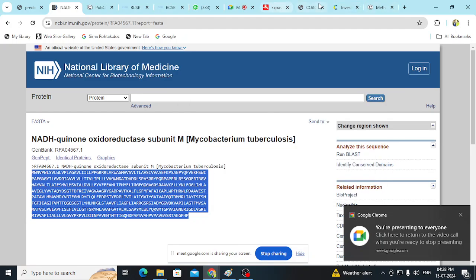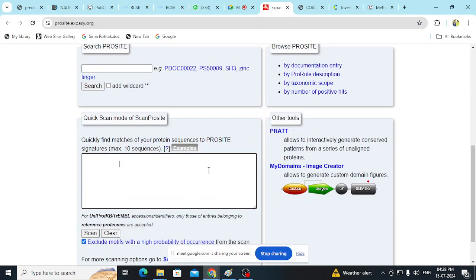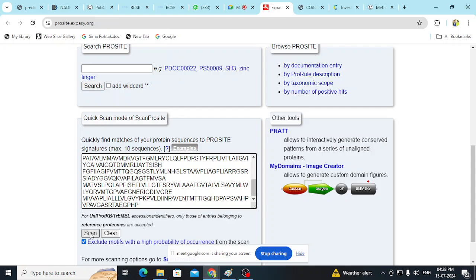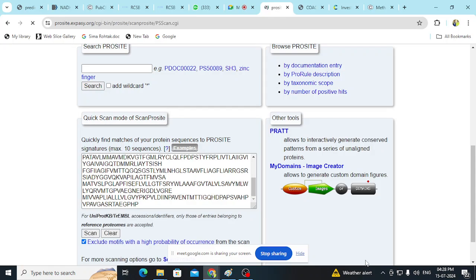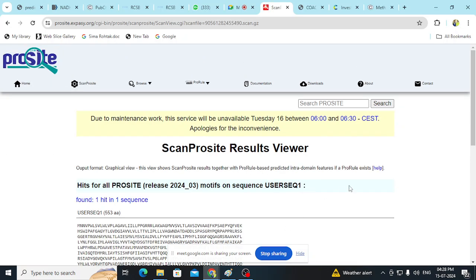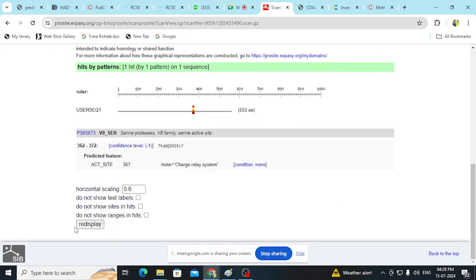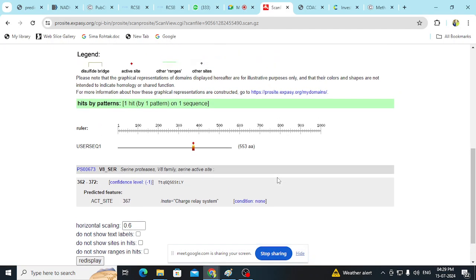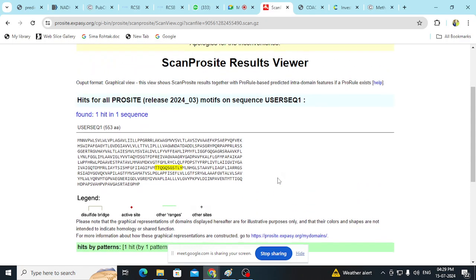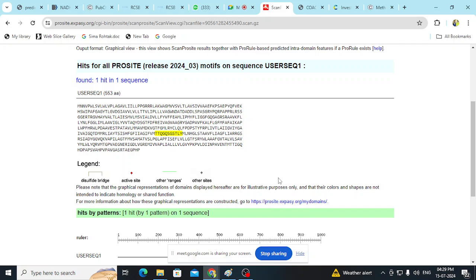So now we'll copy this and paste it here, okay, and then run the scan. Once we scan, it will identify the regions which are highly stable in nature, and also the active sites of the protein.